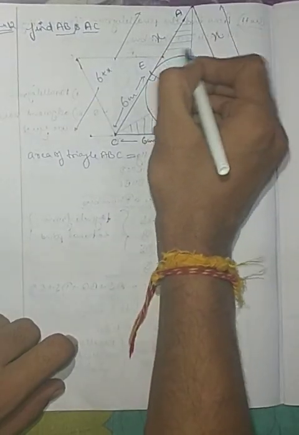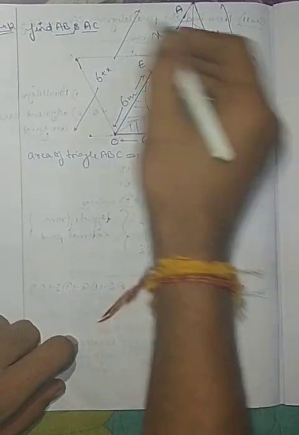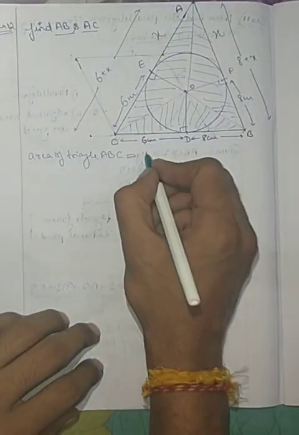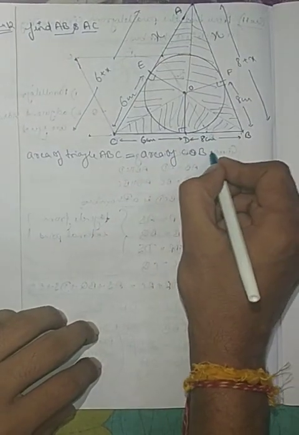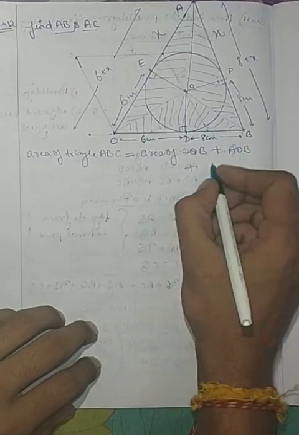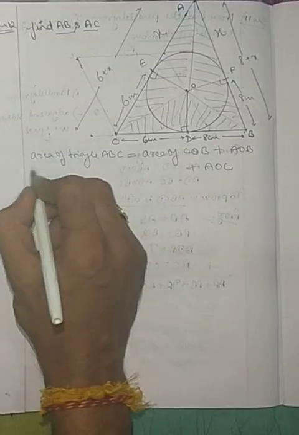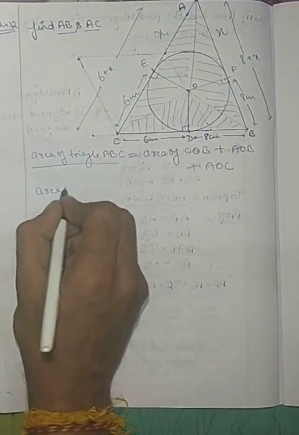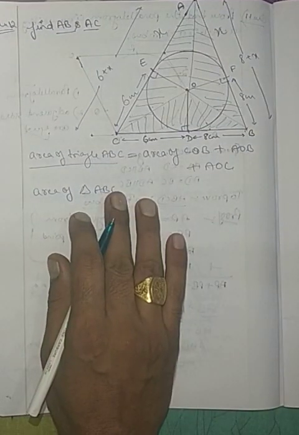Second is this one. And third is this triangle. So area of triangle ABC will be equal to area of COB plus area of AOB plus area of AOC. First we will find the area of triangle ABC. We will be finding this area with the help of Heron's formula.